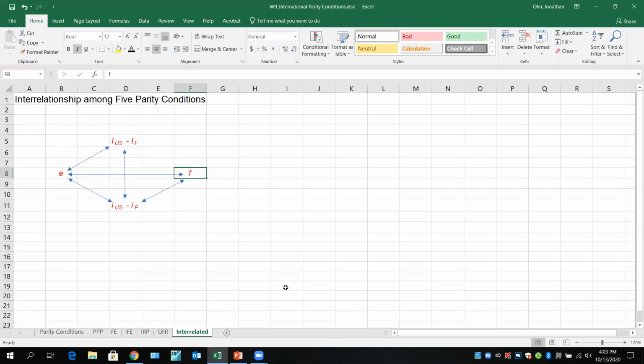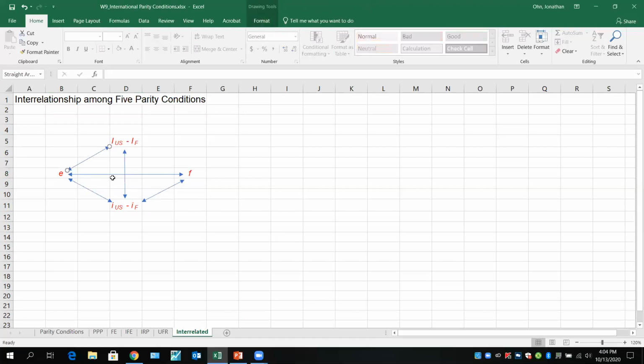Right? Equilibrium conditions. Now we talked about 5 different equilibrium or parity conditions. Now let's combine all those. Which one connects the percentage change E and relative inflation?